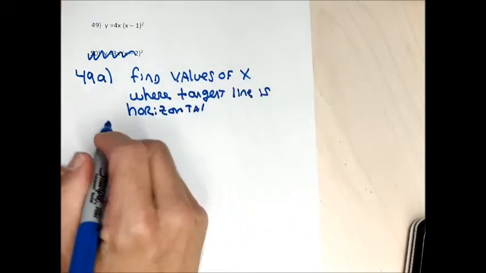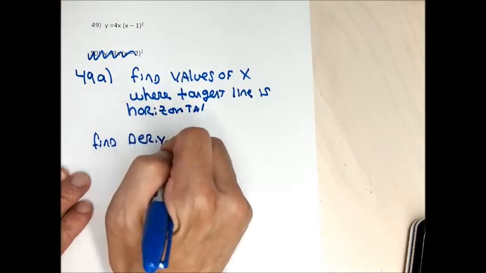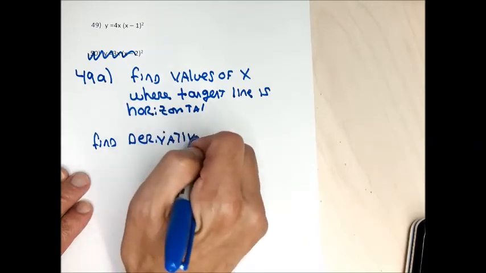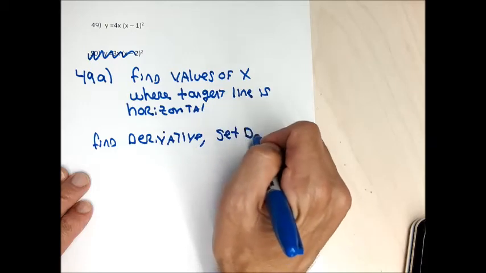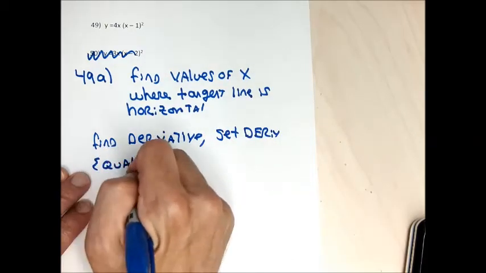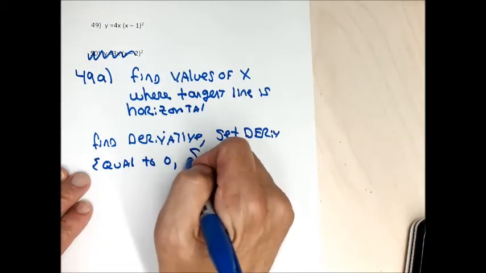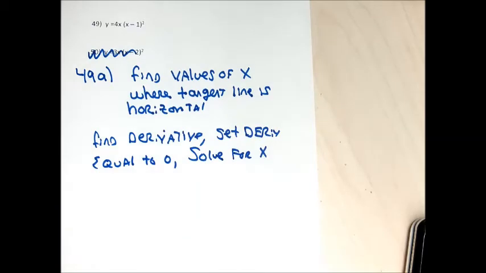And that tells me to find the derivative, set the derivative equal to 0 and solve for x. So that's going to be part A for this.